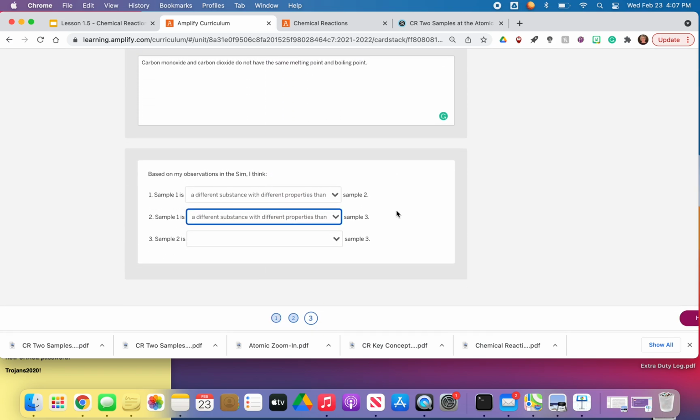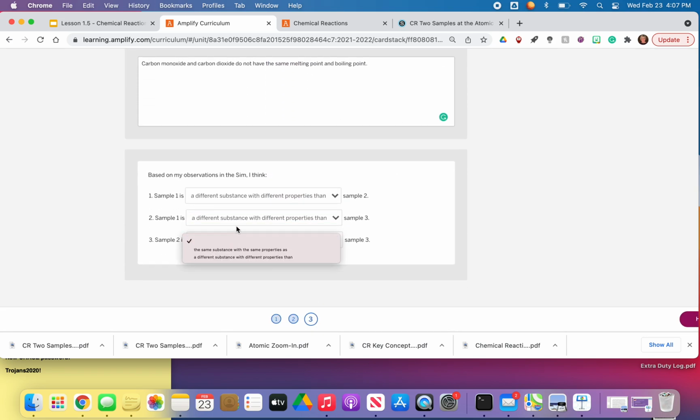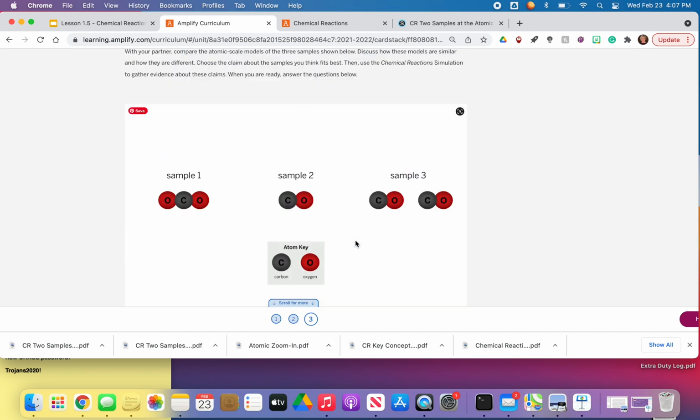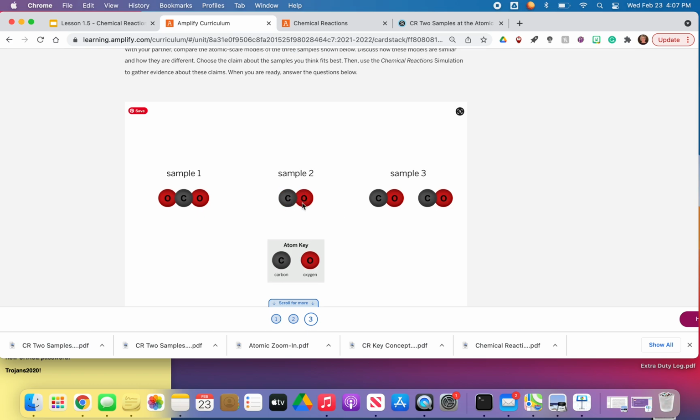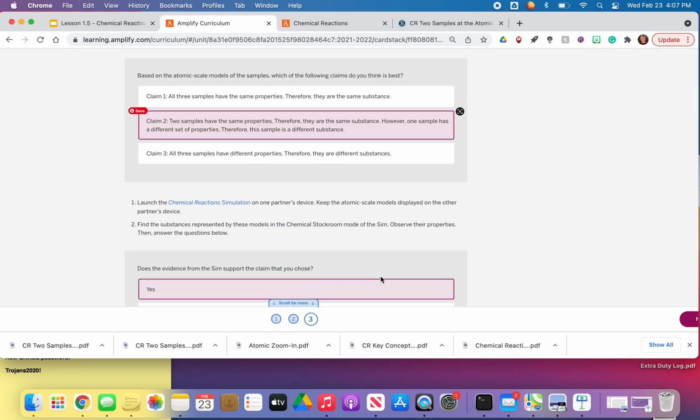And then lastly, sample 2 is the same substance with the same properties as sample 3. Again, I've got 1 molecule of carbon monoxide and I've got 2 molecules of carbon monoxide. So these, sample 2 and sample 3, are totally the same. I just have more of them here in sample 3.